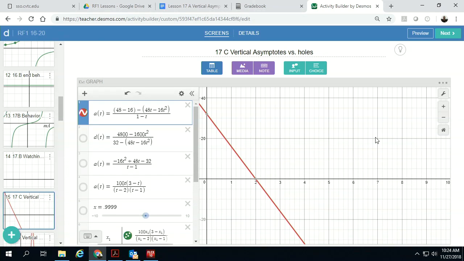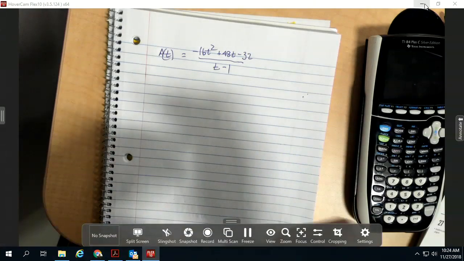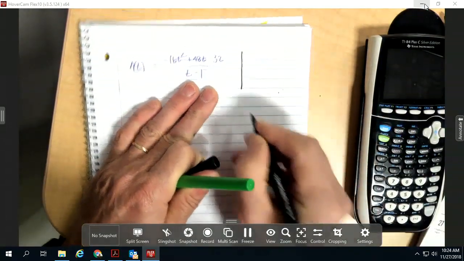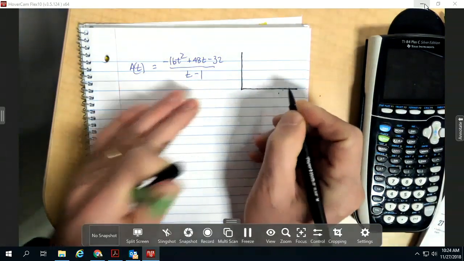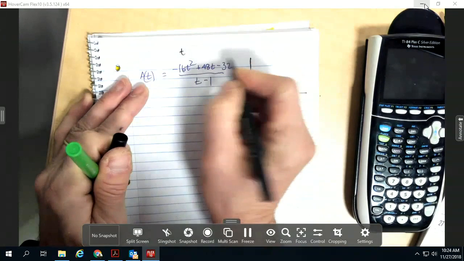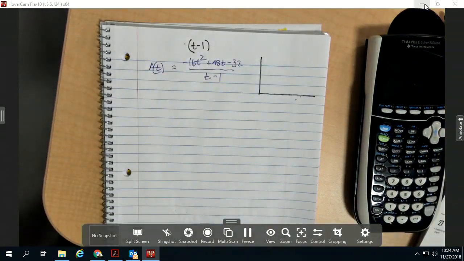Now, why did I graph it this time rather than go through this part here? I drew the graph on purpose because I could look at this formula and say this numerator has a factor of t minus 1.